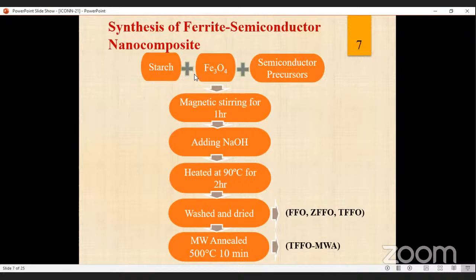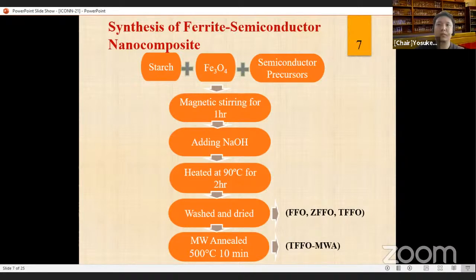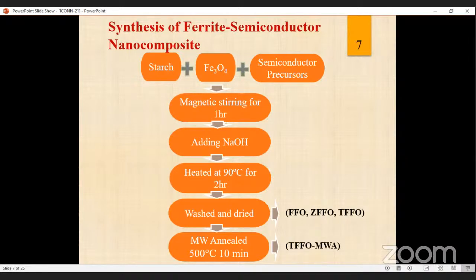Here the role of starch is that of the surfactant. We combined these three and stirred for 1 hour, and then used the reducing agent sodium hydroxide to form the hydroxides, and the resultant is put for 2 hours at 90 degrees centigrade. Then it is washed and dried. All these three samples are as-prepared samples, and this sample is further annealed at 500 degrees for 10 minutes.